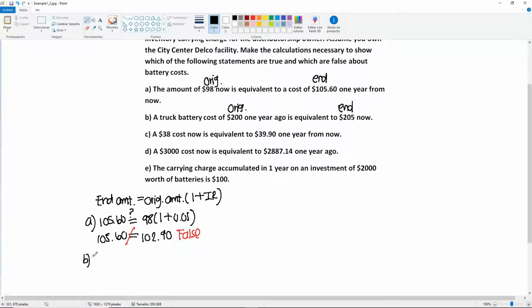So for part B, we want to know if $205 is the same as 200 multiplied by 1.05. If you multiply this, you will actually get 210. So this statement is not true either.